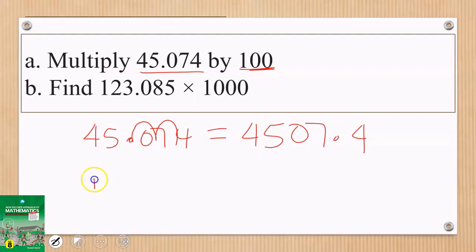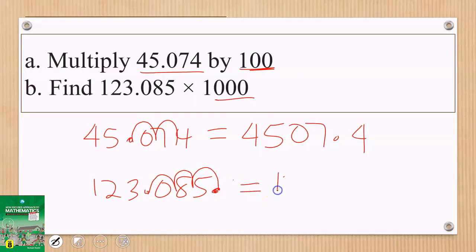Then the second question says 123.085 times 1000. Again, there are 3 zeros here, means you move 1, 2, 3. So then our answer becomes 123,085.